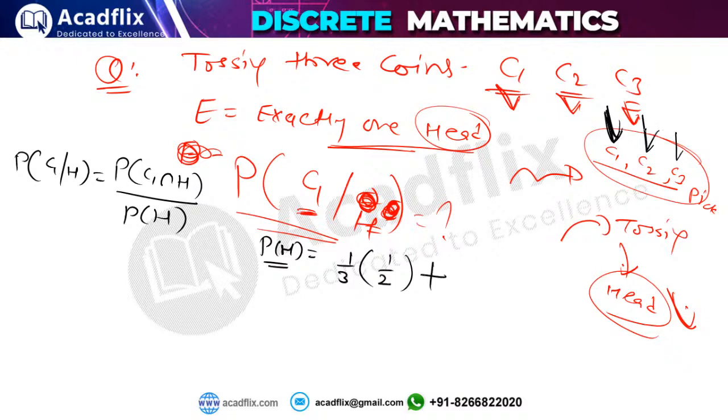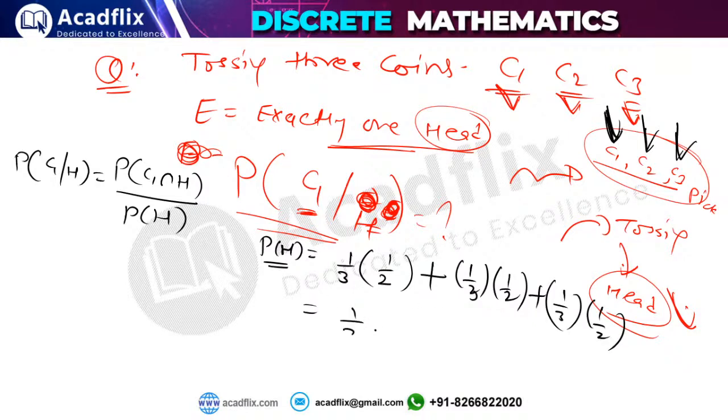Or you can pick this and get a head. Or you can pick this and get a head. You add them, and you get 3 times, so this will be your answer. So this is the probability of getting a head. We have calculated this.